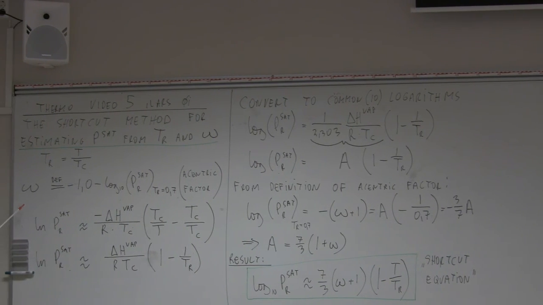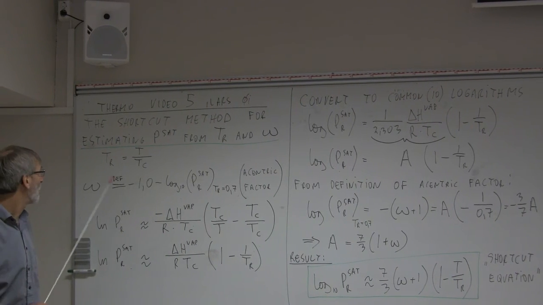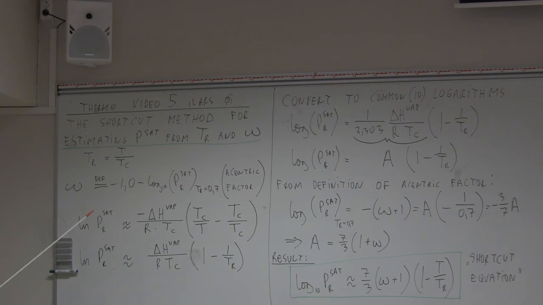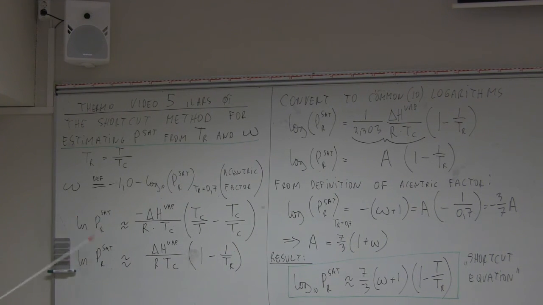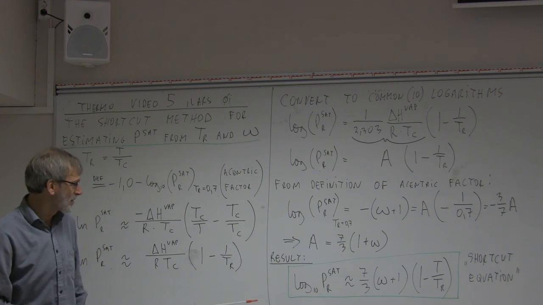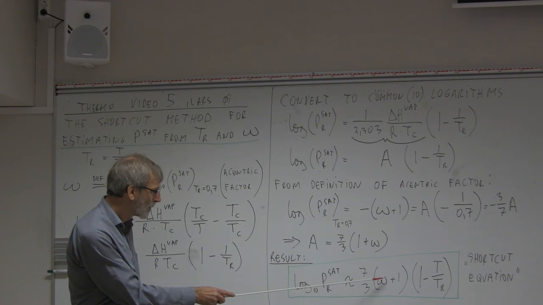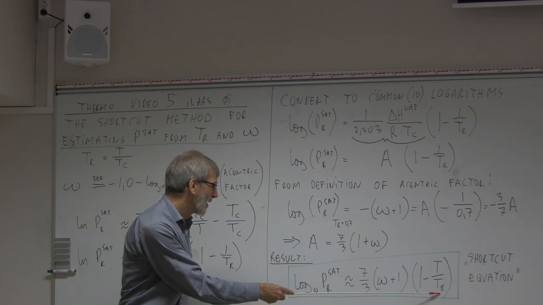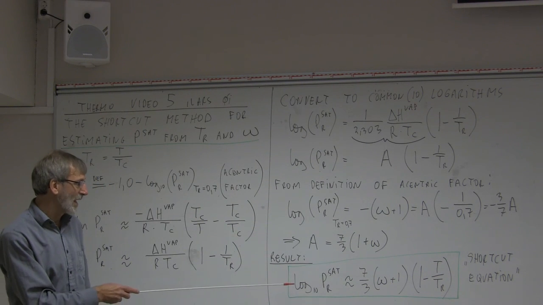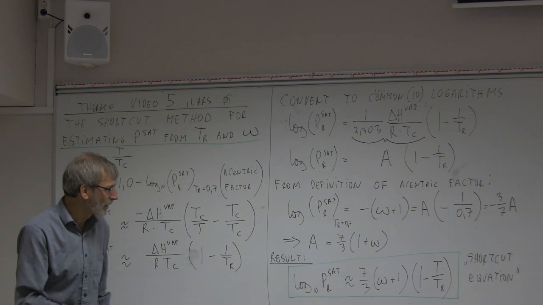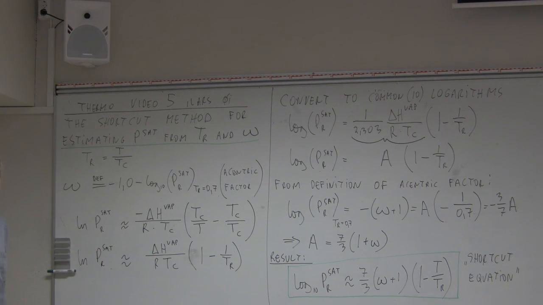It is based on the definition of the eccentric factor and on the Clausius-Clapeyron equation. So if we know omega and the reduced temperature, then we are able to make an estimation of the saturation pressure. That is the end of video 5.